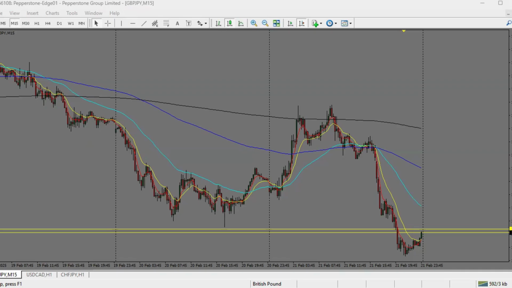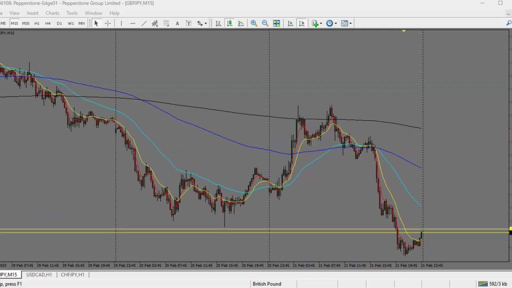When the price rejects the 50 or the 200, we get a trend continuation. And then we can also get price bouncing off the 800 EMA. And that's where we say we expect a possible reversal. It can either be the 200 or the 800 EMA, and we expect to see a reversal.